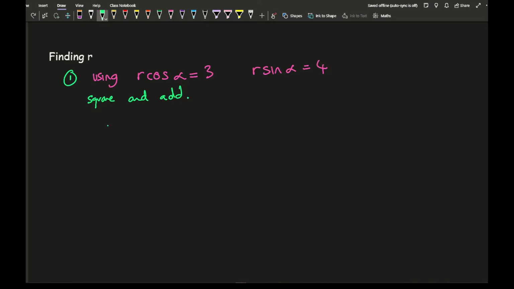So here I've got r squared cos squared alpha plus r squared sine squared alpha, and that's going to equal, well, this squared equals 3 squared, and this squared equals 4 squared.